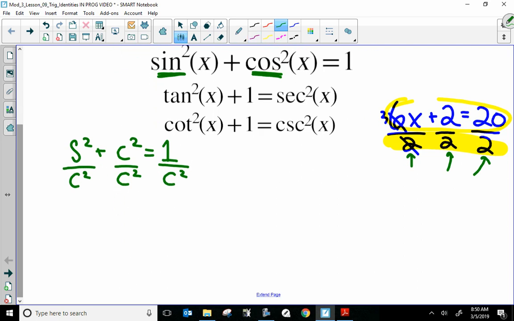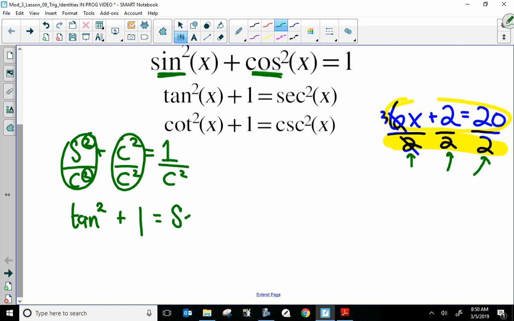What I end up with is sine over cosine, that's tangent. If my sine and cosine are both squared, this tangent should be squared, plus cosine squared divided by cosine squared is 1, equals 1 divided by cosine, which is secant.